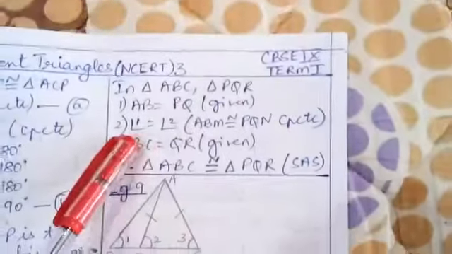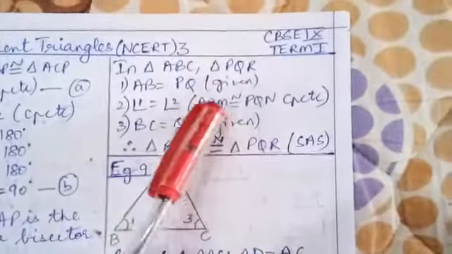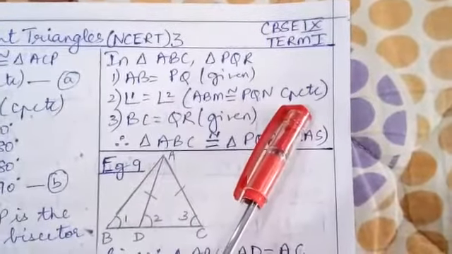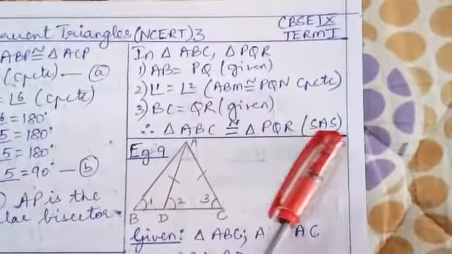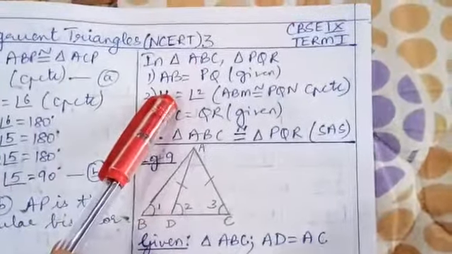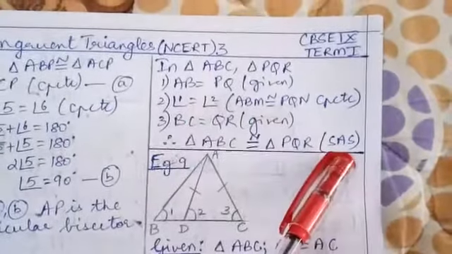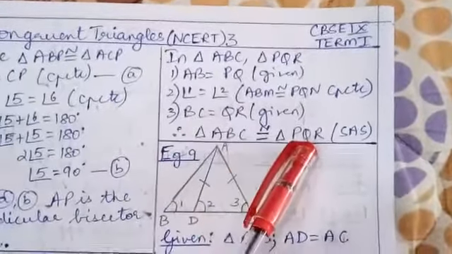So angle 1 of triangle ABC is equal to angle 2 of triangle PQR, because we proved that these two triangles are congruent and hence their corresponding angles are equal. So now this makes the SAS congruence criterion. Two sides, included angle. By the SAS congruence criterion, triangle ABC is congruent to triangle PQR.